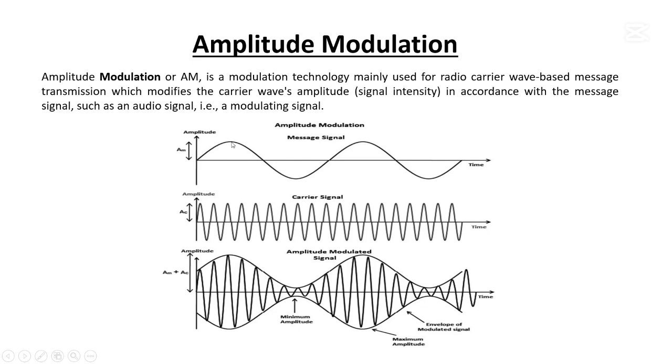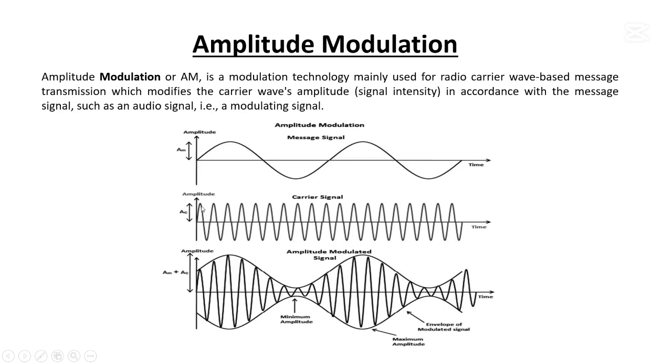The upper point, the peak point of the message signal, will have the highest amplitude in the modulated signal. The lowest point of the message signal will reflect the lowest amplitude in the modulated signal.